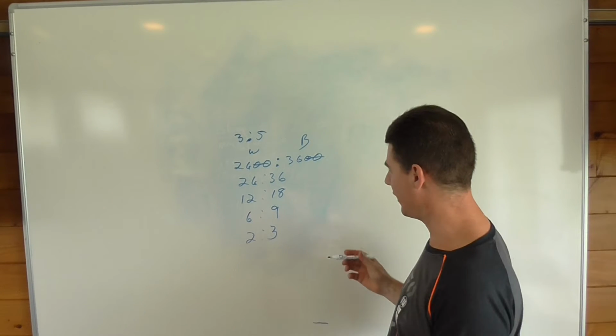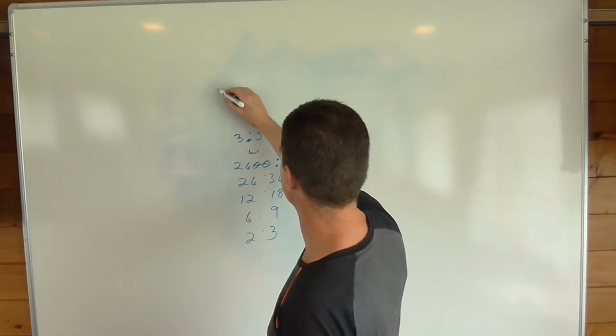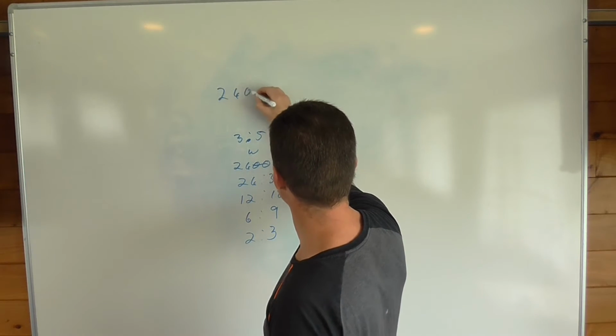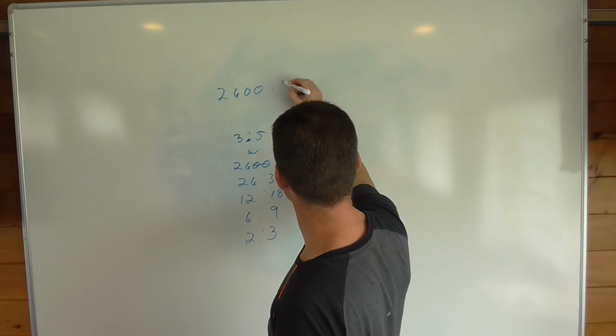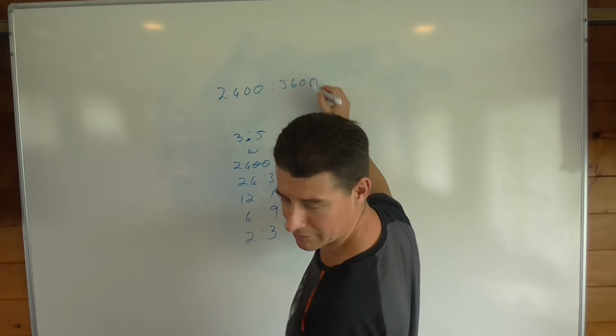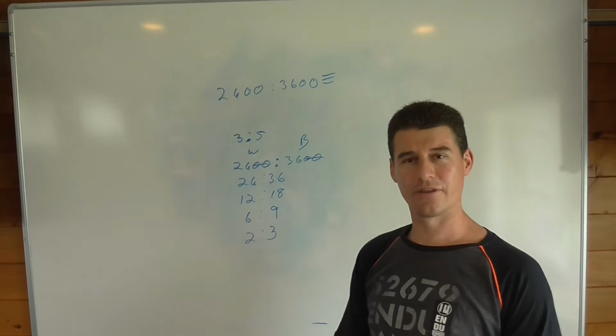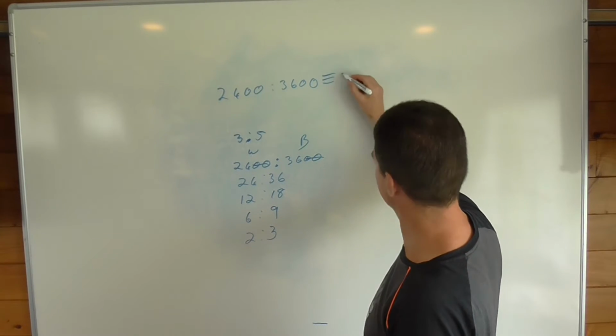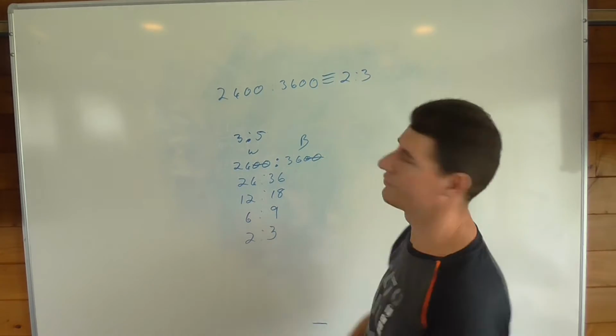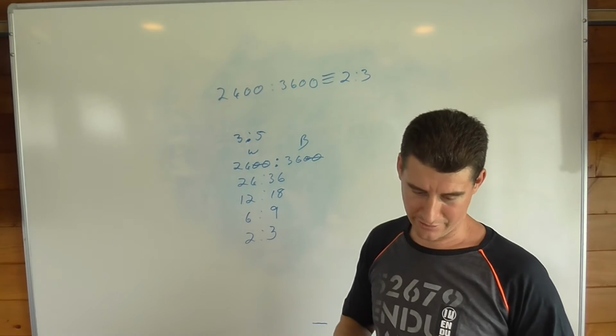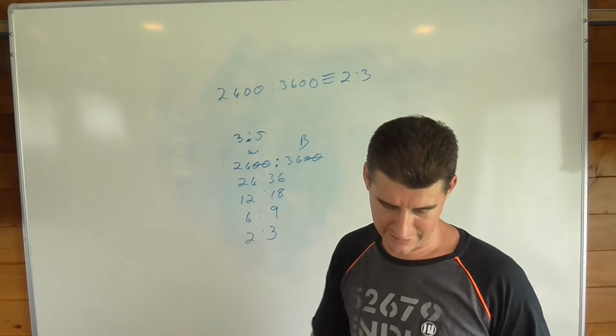Alright, so how can we write it? So we can write 2,400 to 3,600 is equivalent to 2 to 3. Okay.